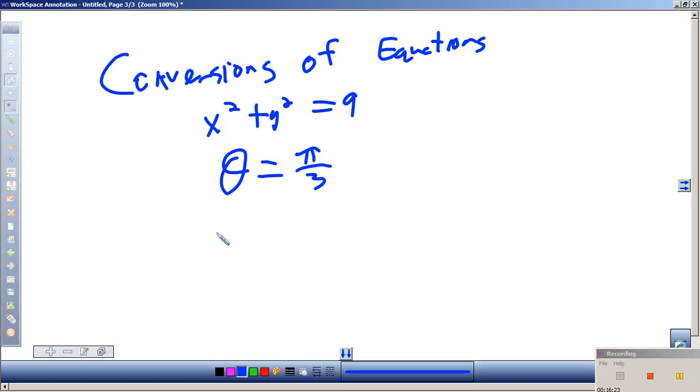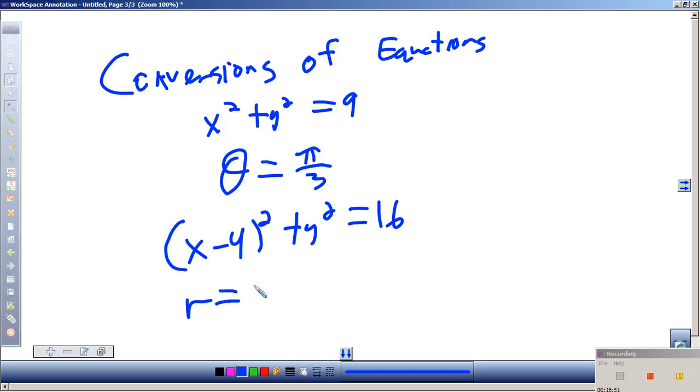Or more complicated, let's see. Say x minus 4 squared plus y squared equals 16. So how do you change this one into polar form?